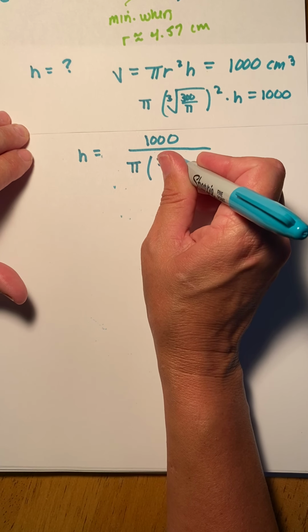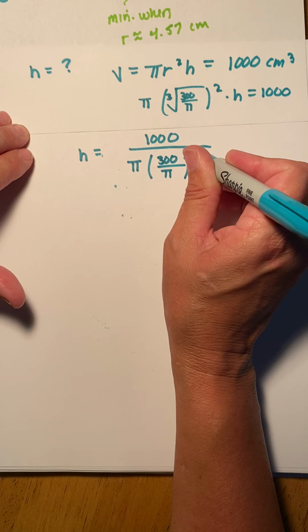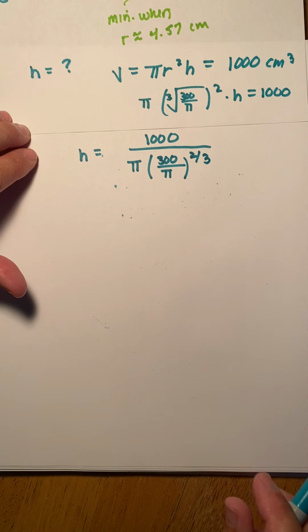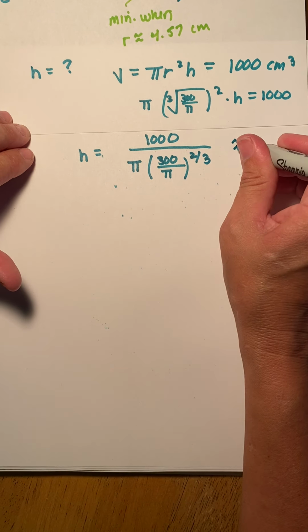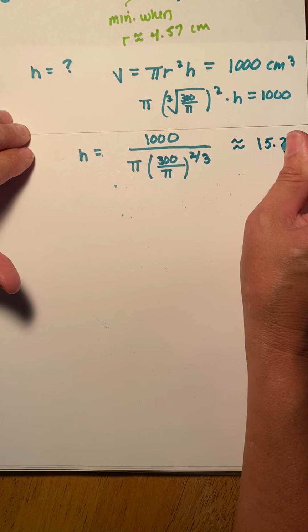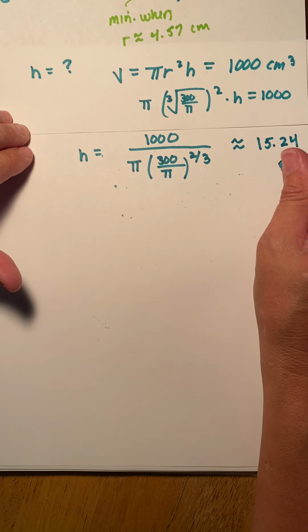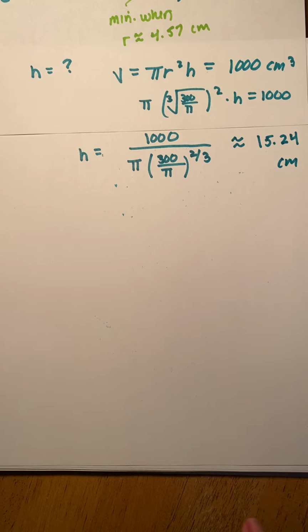I'm going to rewrite this as 300 over pi to the 2/3 power. And that's just really horrible to look at. So I did this on my calculator, and I got a little over 15 centimeters, or about 15 and a quarter centimeters high.